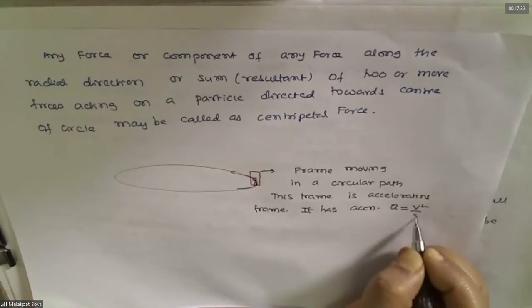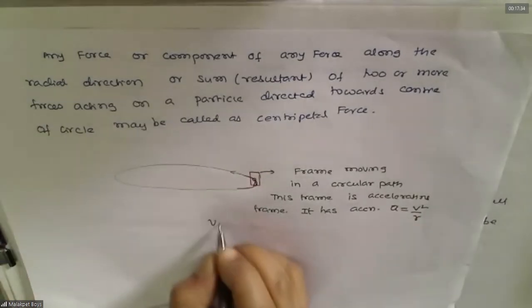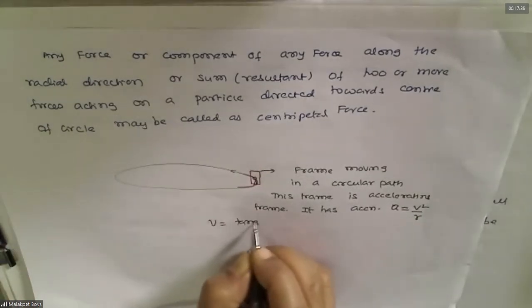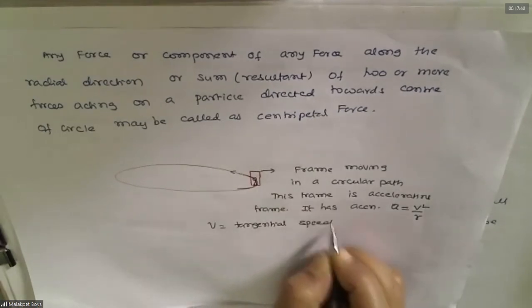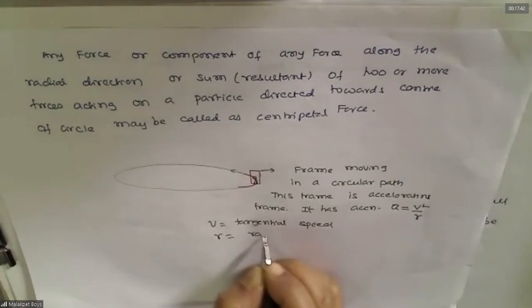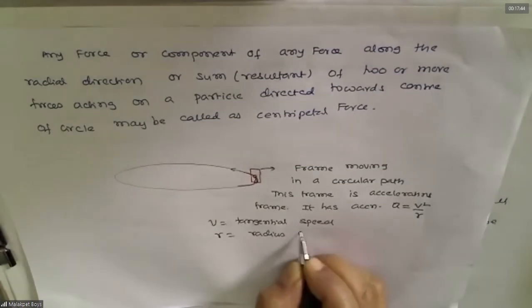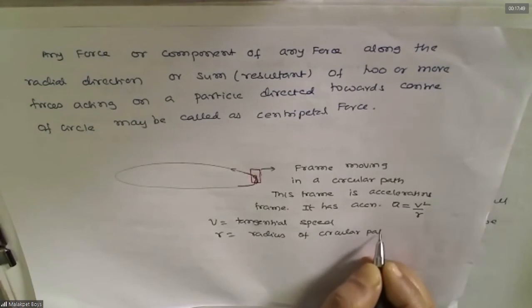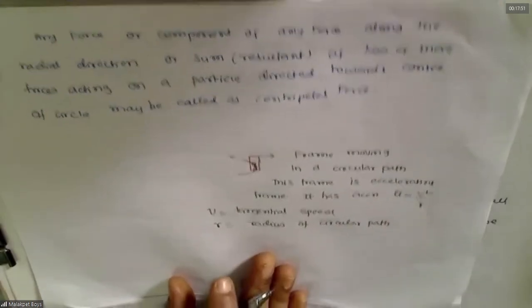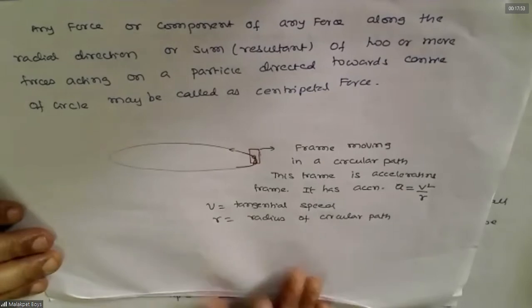Remember V square by R. Remember, earlier we discussed all this. This is the tangential speed, with the radius, outward, path. You agree till here?